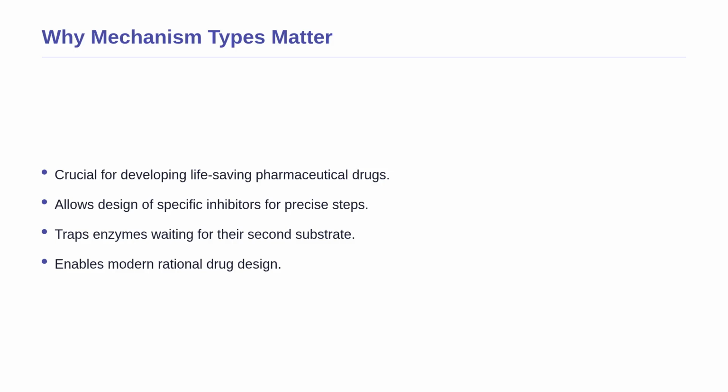If we know exactly how and in what order substrates bind, we can design specific inhibitors that block the enzyme at a precise step in its cycle. For example, many drugs that treat bacterial infections or regulate blood pressure work by trapping the enzyme when it is waiting for its second substrate. Without this deep understanding, modern rational drug design would be completely impossible.